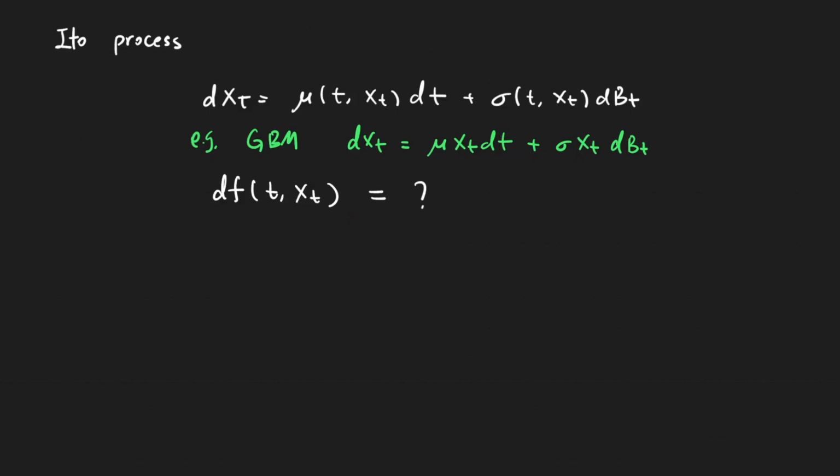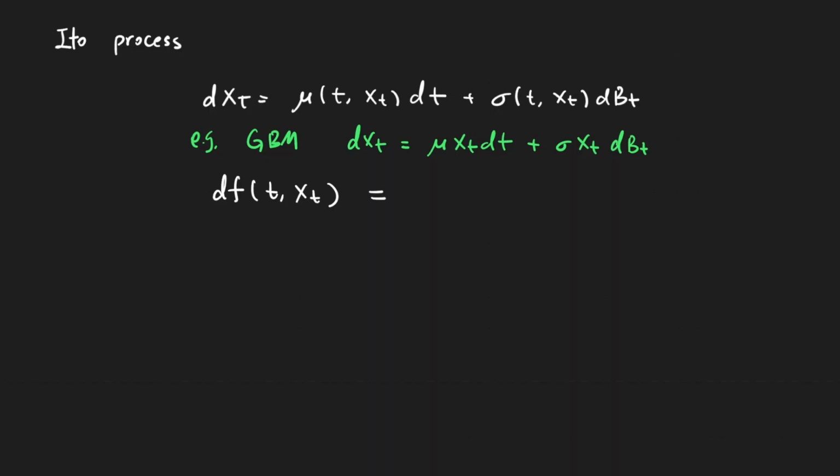Notice that this differential here has two arguments as well, one with respect to time and the other with respect to the Ito process xt. So the solution to this is that we can just expand this into the second order using the second order Taylor expansion.